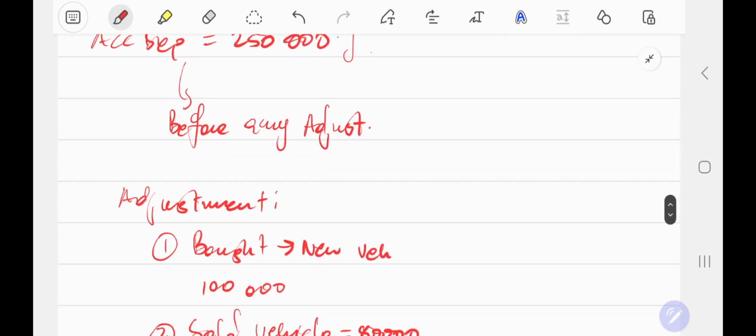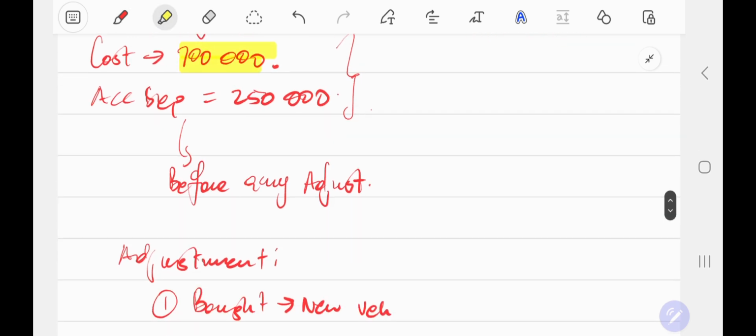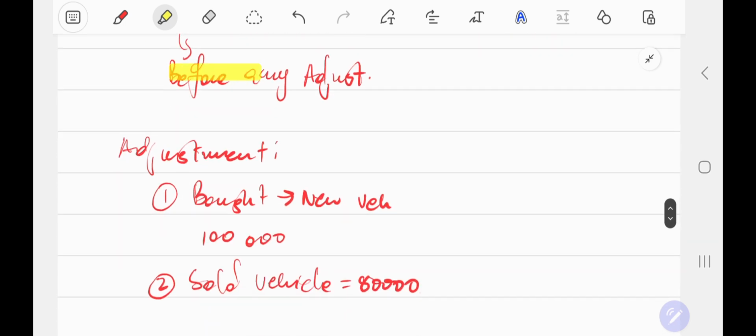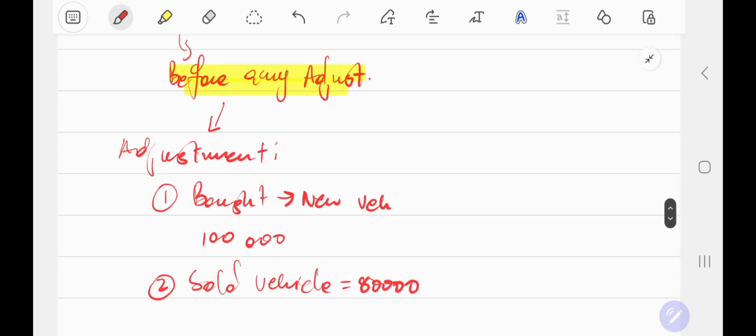So that simply means that this 700,000 represents the cost of the assets before any of the following adjustments were taken into account. So this 700,000 does not include the 100,000, because this new vehicle was bought during the year.